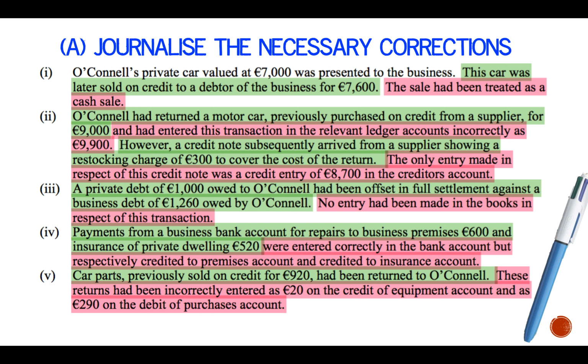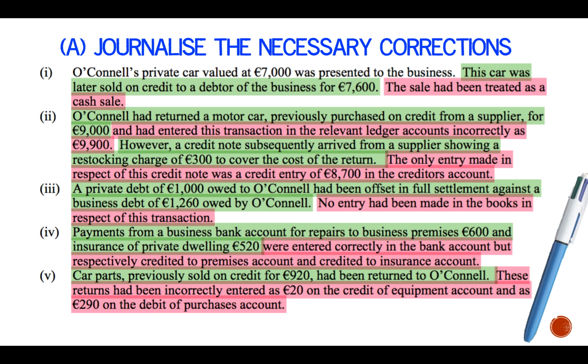That is the mistake. So what actually should have been recorded is that it should have been a credit sale. It didn't say that the fact that the car being presented to the business wasn't entered, so therefore I don't need to put that in again because I know that that didn't happen by mistake.